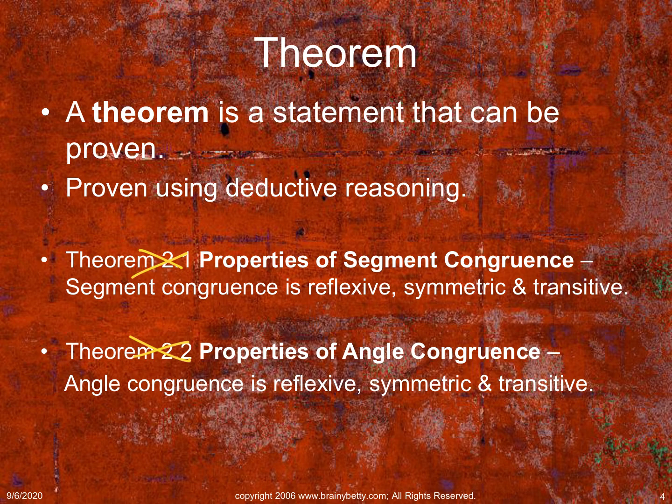And this is what we learned yesterday: the properties of segment congruence, the reflexive, the symmetric, and the transitive, are now applied to segments, but instead of an equal sign, it's going to have a congruent symbol. And if you recall, the congruent symbol is the equal sign with the wave on top. So it's exactly the same thing we saw yesterday; now we're just changing the equal sign to a congruence.